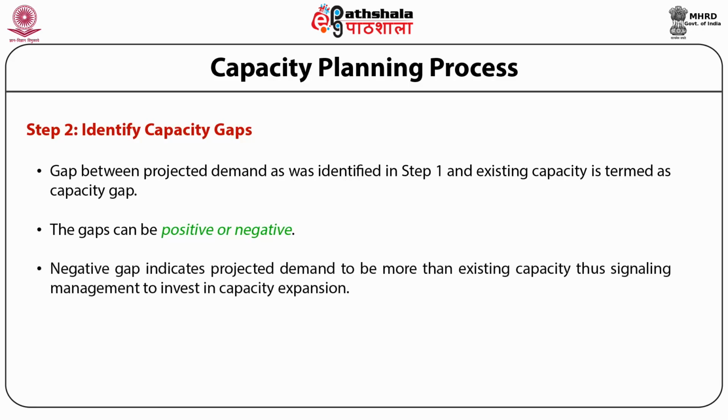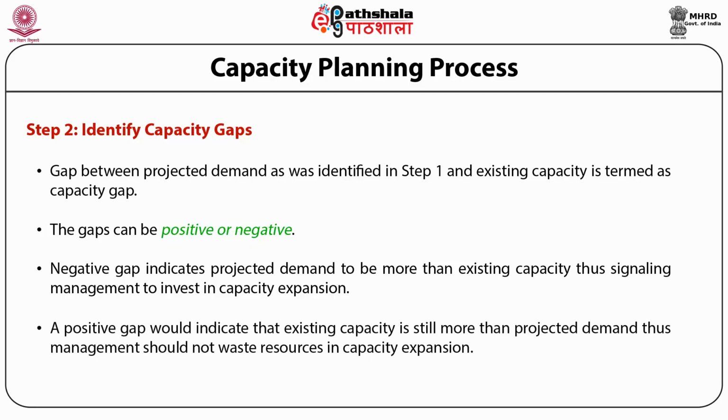A negative gap indicates projected demand to be more than existing capacity, thus signaling management to invest in capacity expansion. A positive gap would indicate that existing capacity is still more than projected demand. Thus, management should not waste resources in capacity expansion.